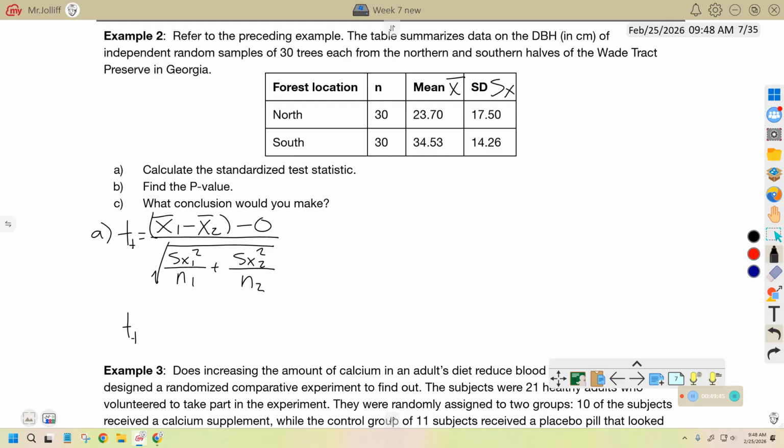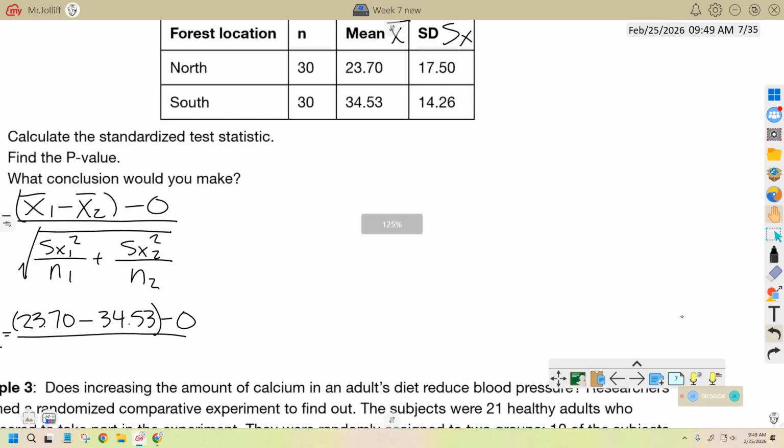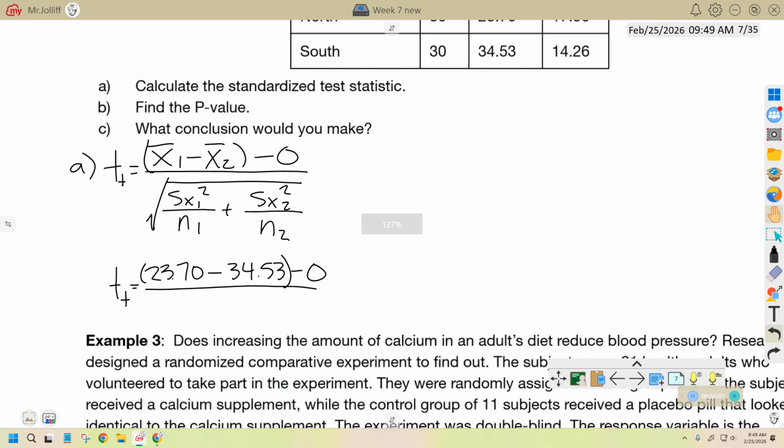So for numbers, pulling values from the question, we have 23.70 minus 34.53 minus 0. And then in the denominator, we know the bottom of those fractions are both 30.